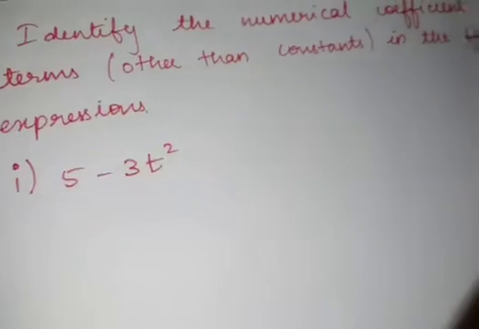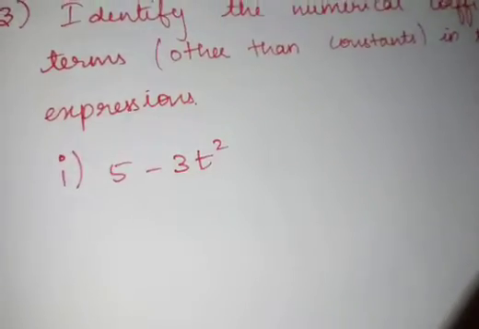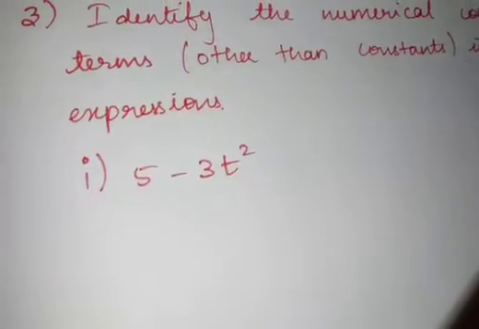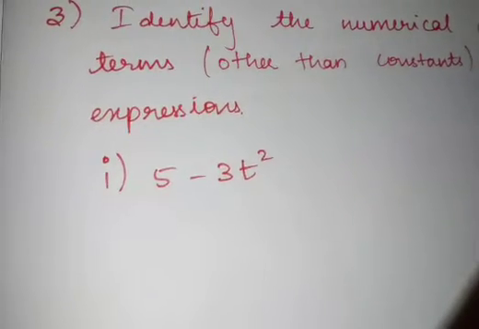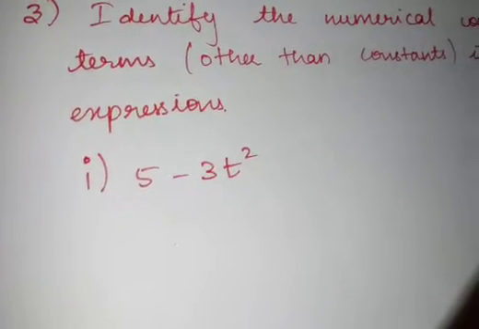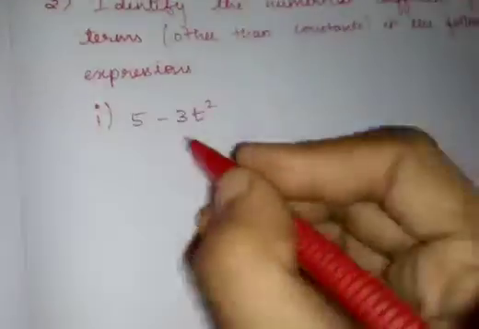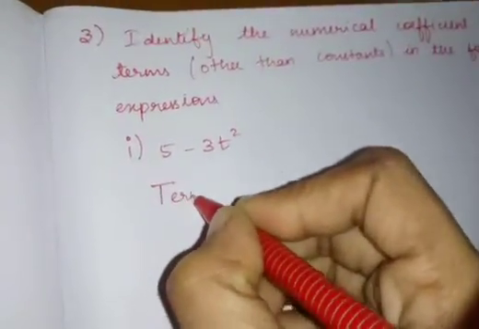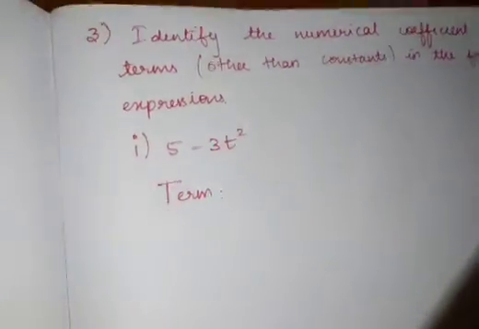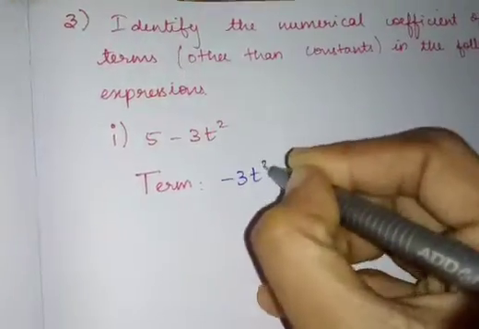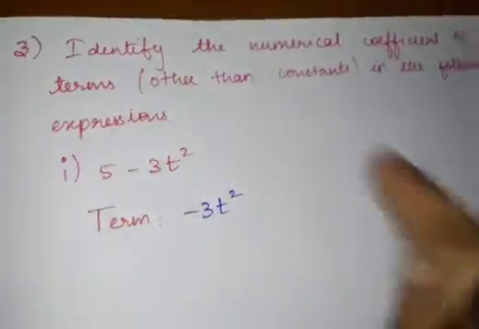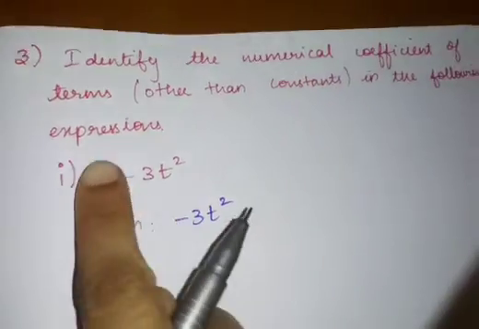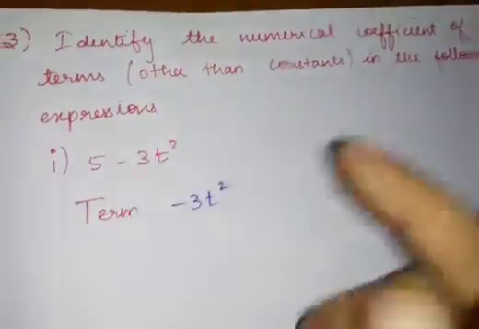There are two terms, but this 5 is constant. Minus 3t square has the variable. So we have to consider only that term, because they are asking for the term other than constant. So other than constant is minus 3t square.